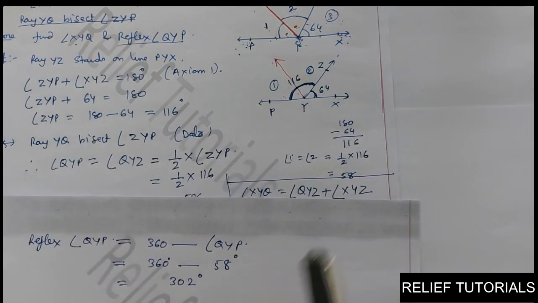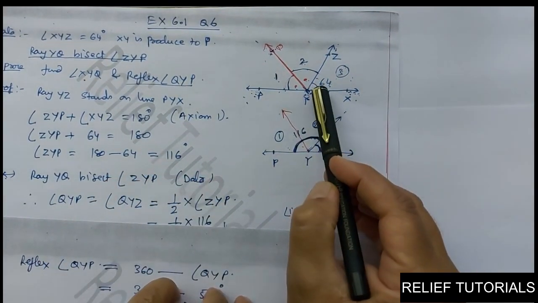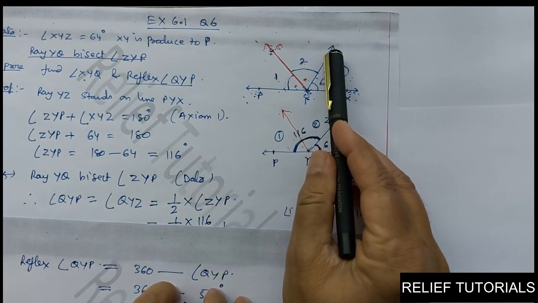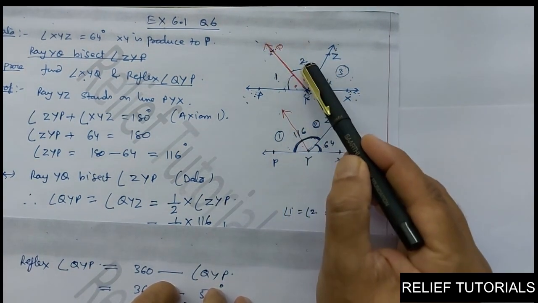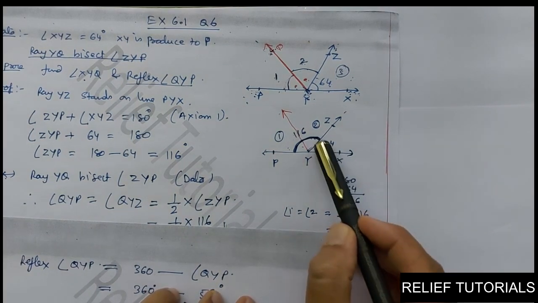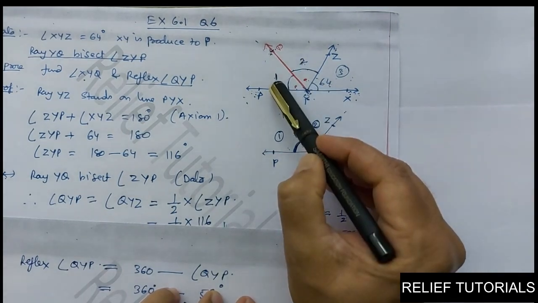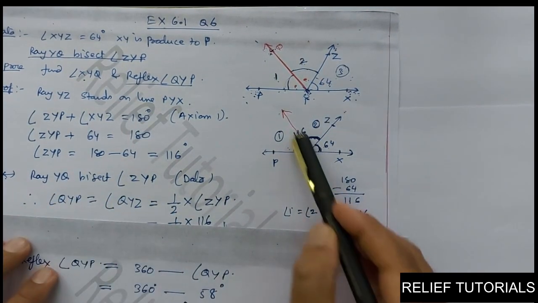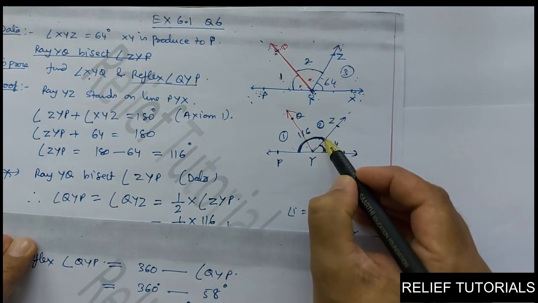Very simple. Here I told you how to remember. See, once again I am going to recap this. This 64 is given, angle PYZ is formed and YQ is the bisector. So these two angles will be equal. Now this is 64. So this will be 116. Why? Because total is 180. And now YQ is a bisector of 116.